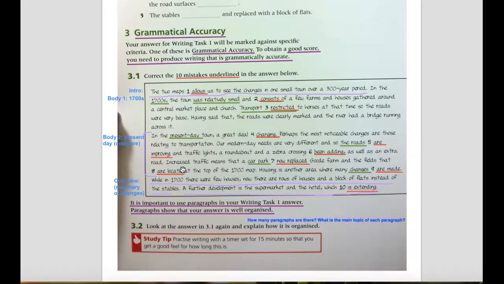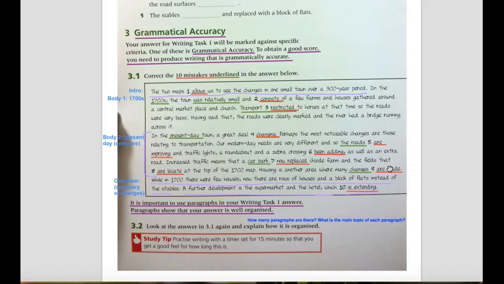Okay, so they said in the present day, a great deal is changing. Then they speak about the changes. Okay, first the roads have been improved, traffic lights, zebra crossings were added, there's extra roads. They added a car park, okay. The farm has been replaced by a car park.